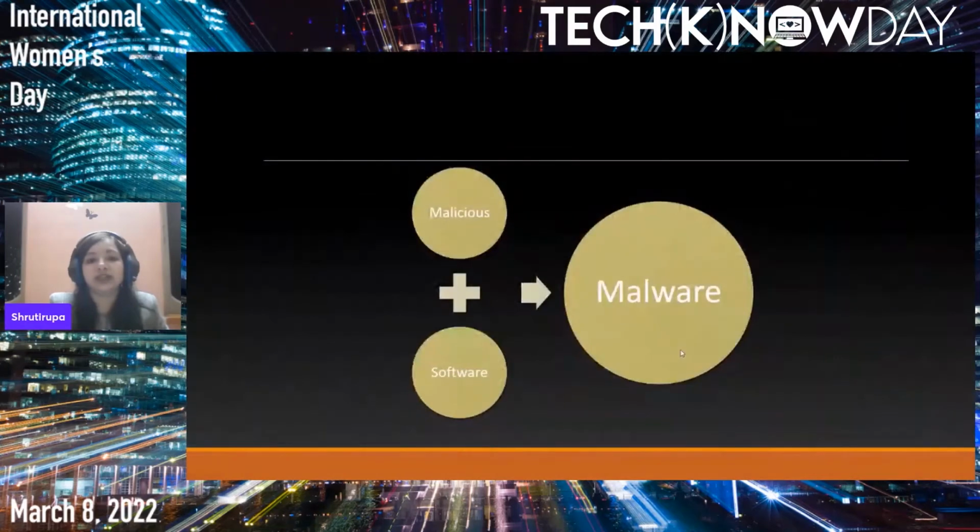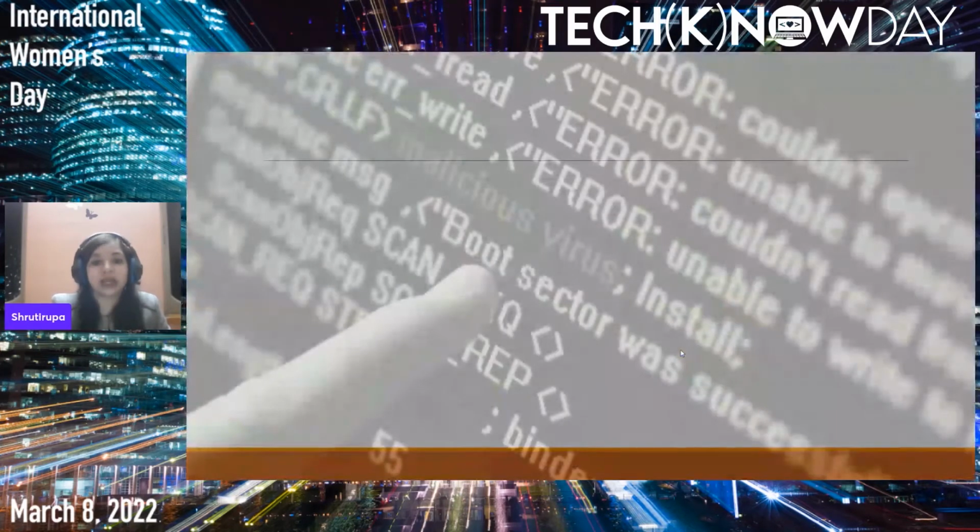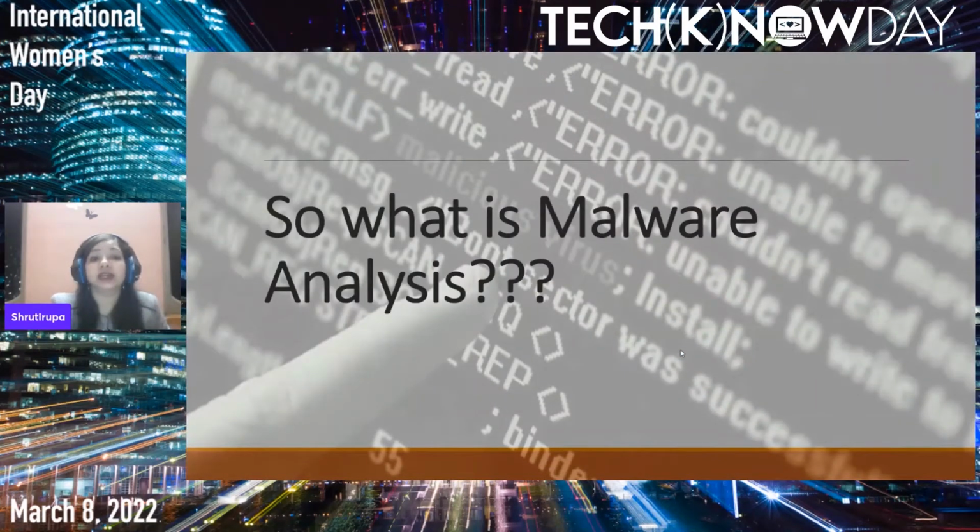Malware is a combination of two words: malicious software. When there is a piece of code or a program whose intent is to disrupt some of the services in your system, or steal your data, or perform any kind of malicious activity, then we call it malware. And hence, what is malware analysis?